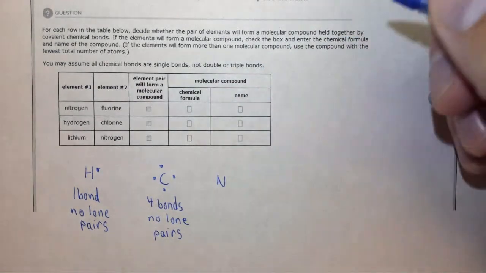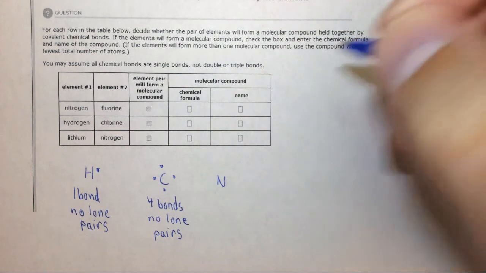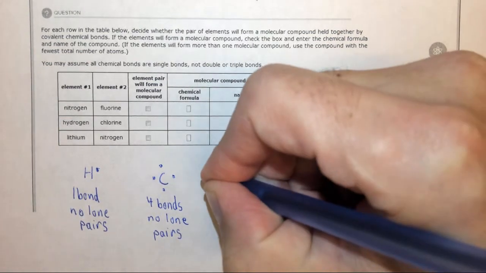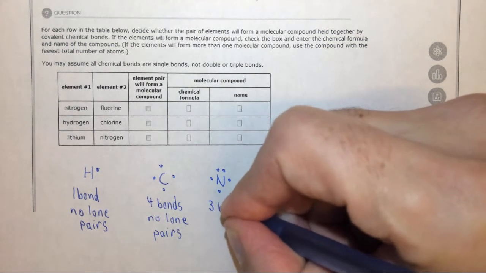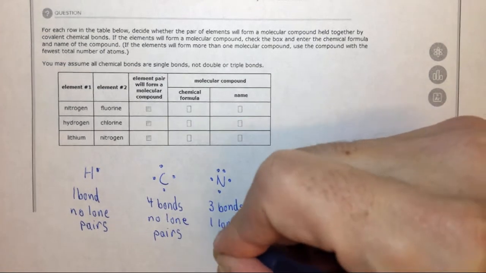If we look at nitrogen and the 5A nonmetals, sometimes applying to phosphorus, although phosphorus could expand its octet in some cases, okay, we have a lone pair and 3 bonds. So nitrogen likes to form 3 bonds, 1 lone pair.